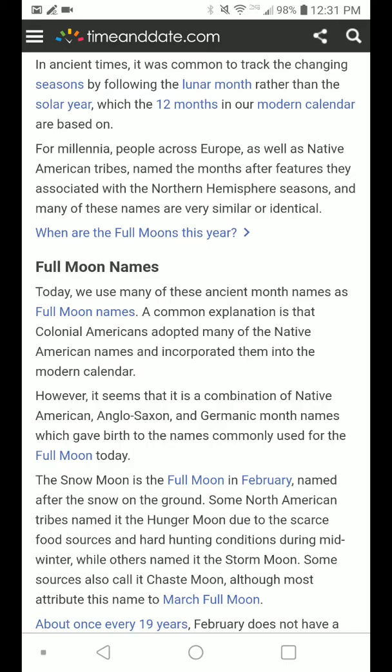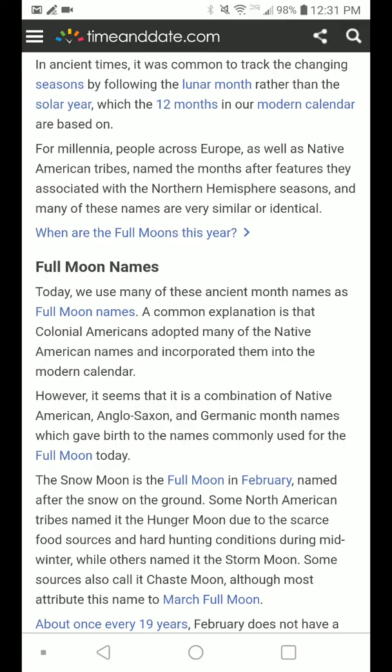Okay, by following the lunar month, it just showed you that these Native Americans are Israelites. Like I said, they left the land when they were under the captivity of the Assyrians to come over here, so they can follow the commandments.